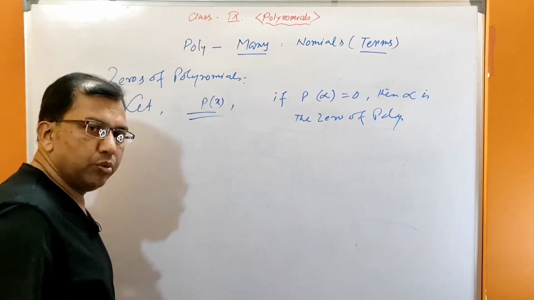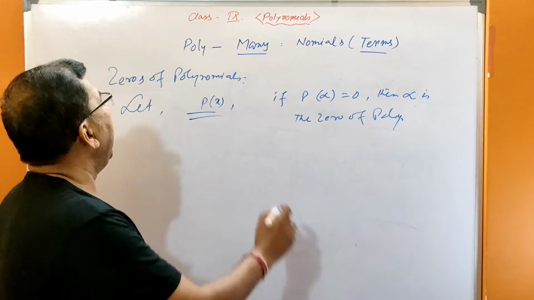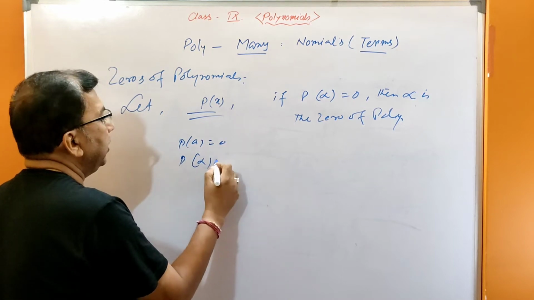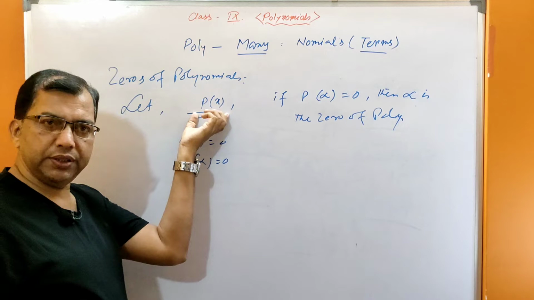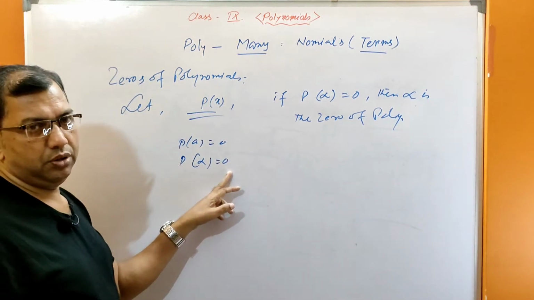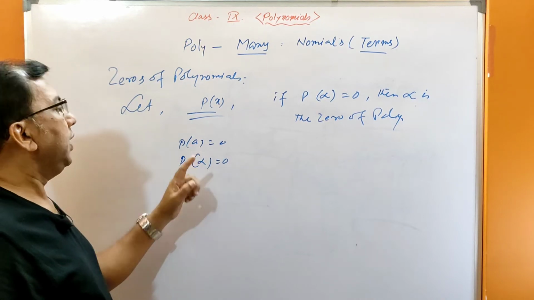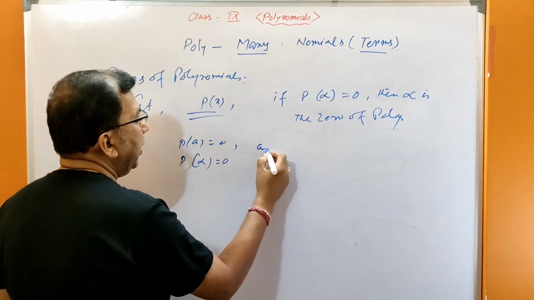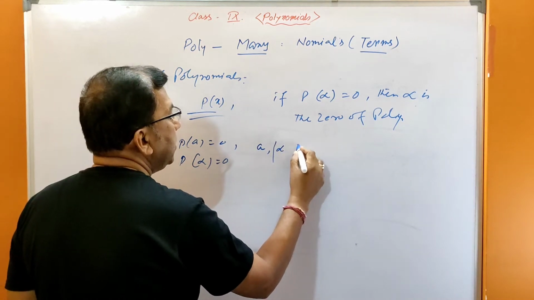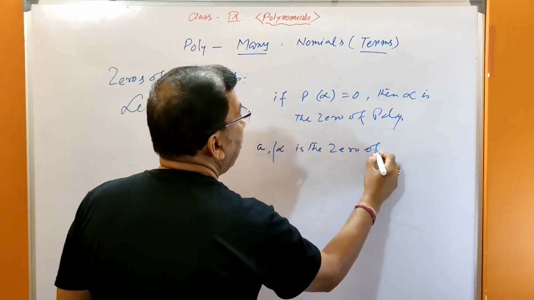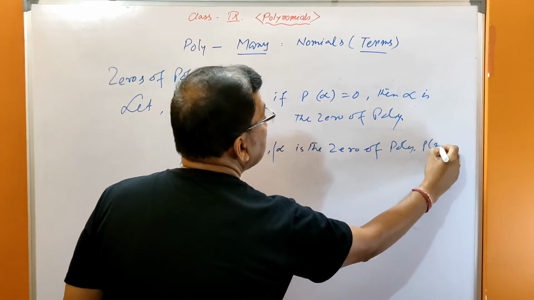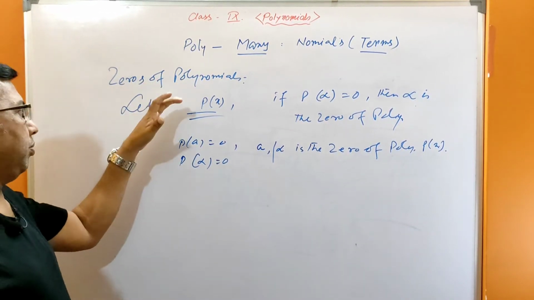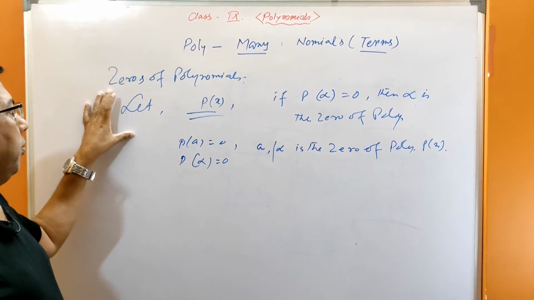In this case, if pa or p alpha is 0, that is, pa equals 0 or p alpha equals 0, then we can tell that alpha or a is the zero of the polynomial px. Clear?